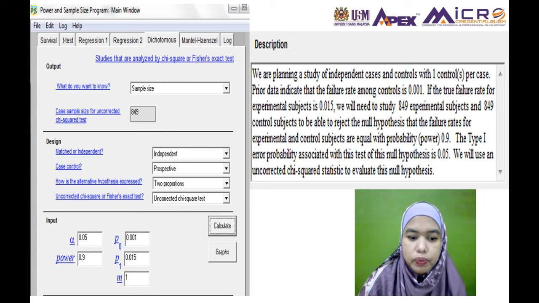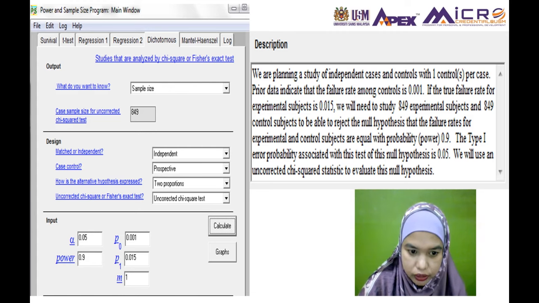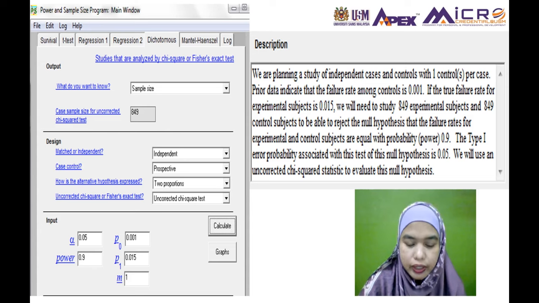You have to input independent and prospective, two proportions and uncorrected chi-square, and our significance level is 0.05, and the proportion for the low risk is 0.01 and the proportion for the high risk is 0.015, power of 0.9 with the ratio of 1, and then you have to calculate.